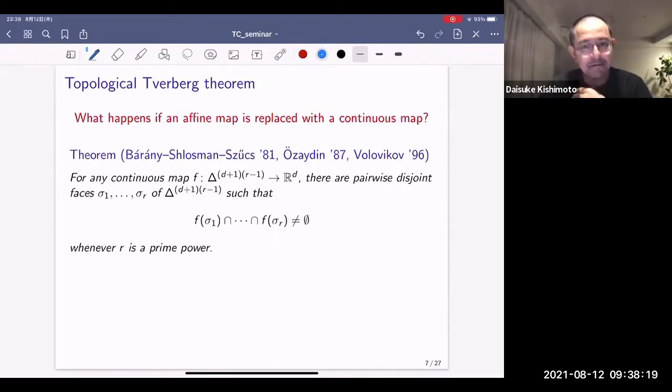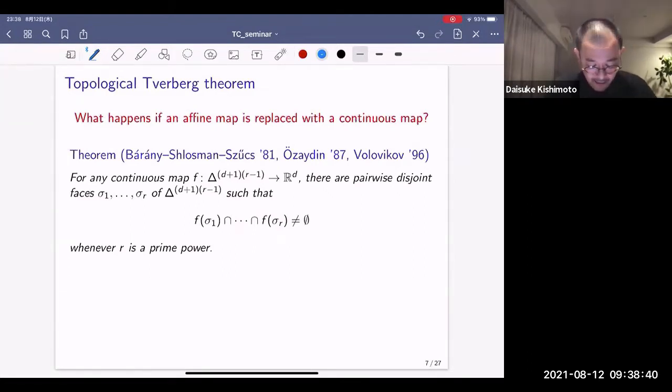And this is somewhat a silly question because affine maps and continuous maps are very far. So it doesn't seem that we can generalize Tverberg's theorem for a continuous map, but it's possible.